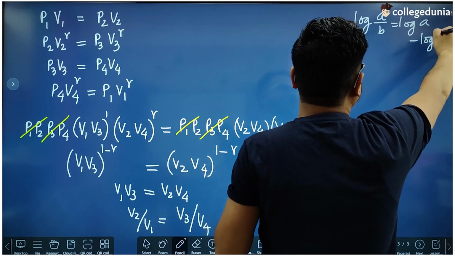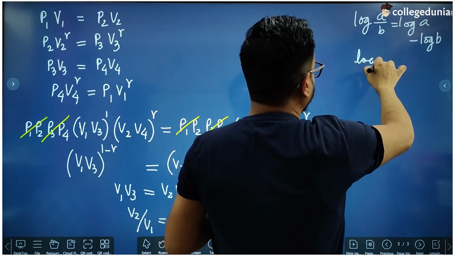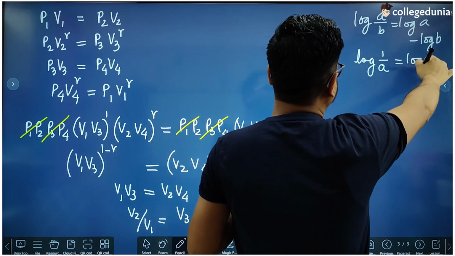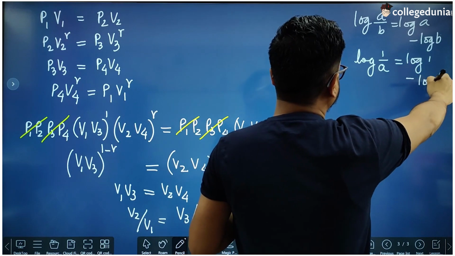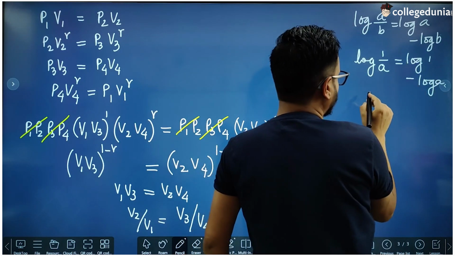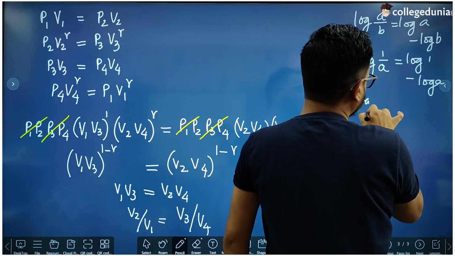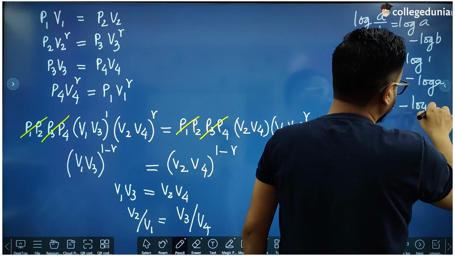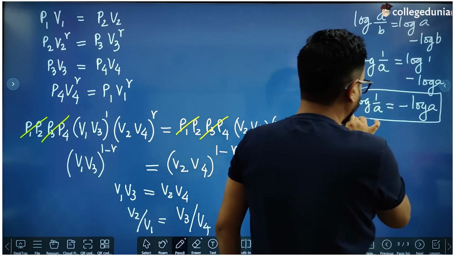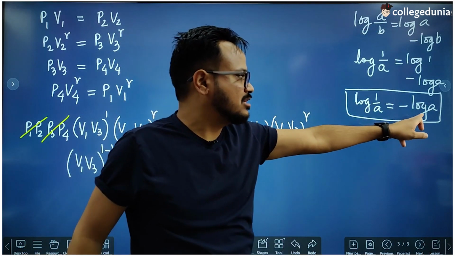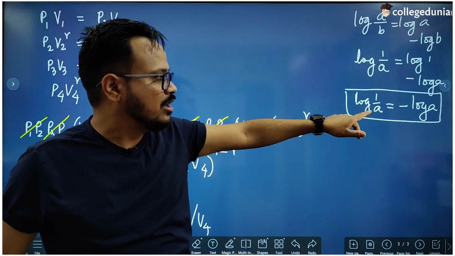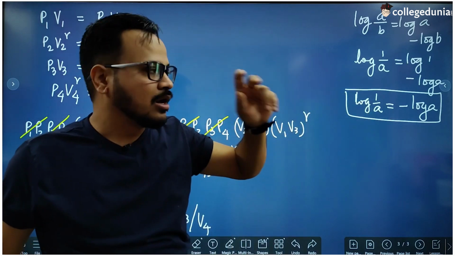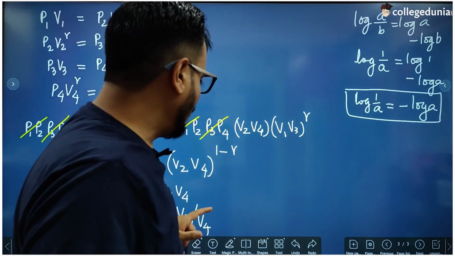So if we have log 1 by A, it can be written as log 1 minus log A, and since log 1 is 0, we can write log 1 upon A as minus log A. So it is clear that we can take the reciprocal of the number which is with log, and if we take the reciprocal, we have to multiply with minus 1.